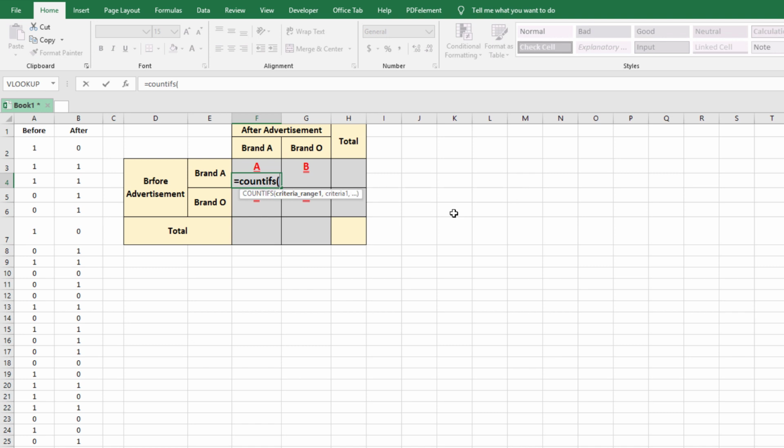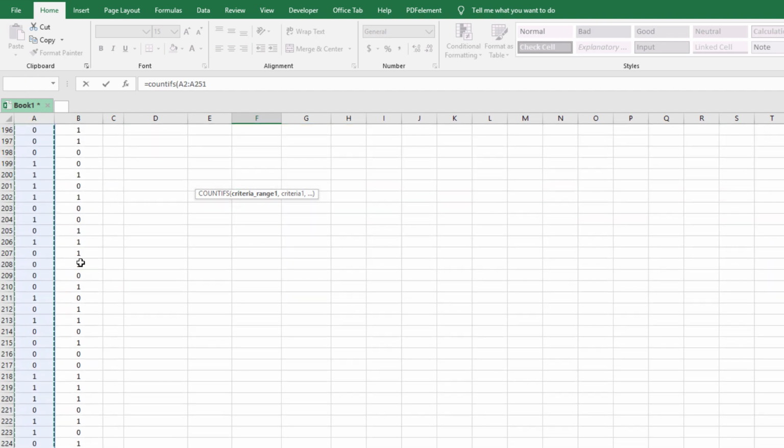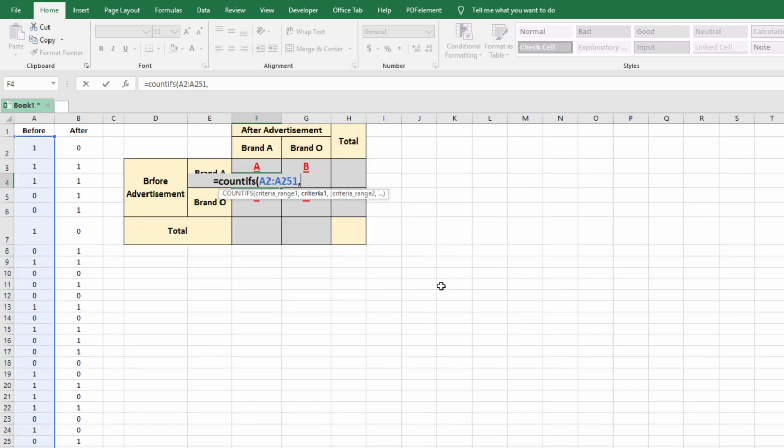First, the criteria range is this one, so select the 250 respondents. Comma, we are going to count how many ones in the first column.